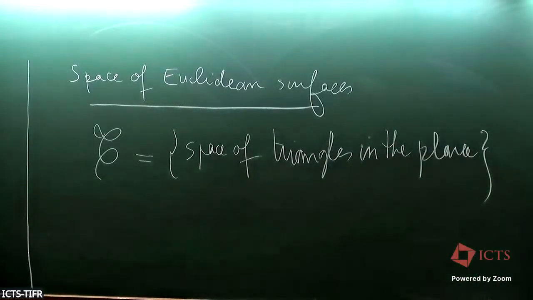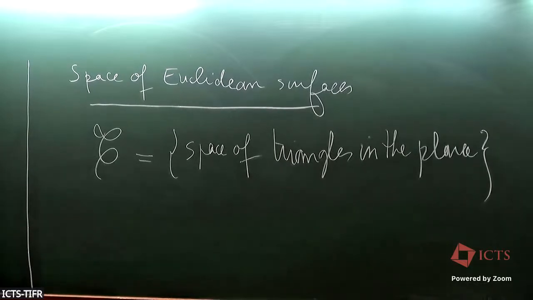I want to put a metric here, a Finsler metric. I want to imitate what Thurston is doing. I want to find the geodesics for this metric. I want to see whether this metric is hyperbolic or not.